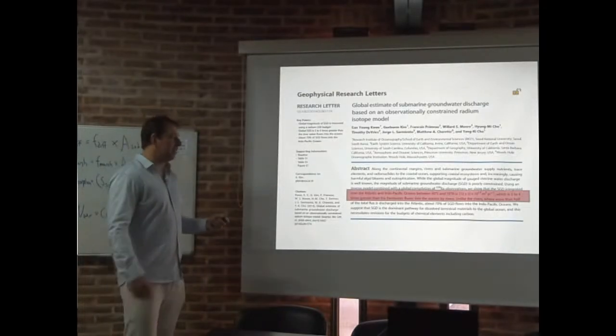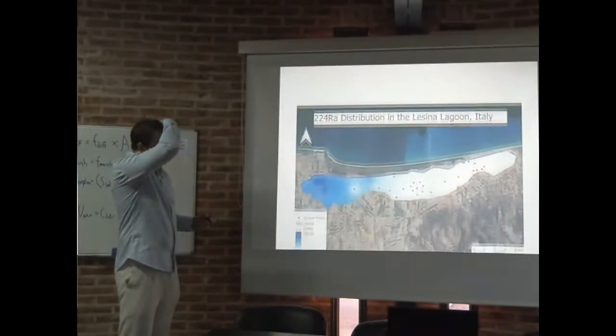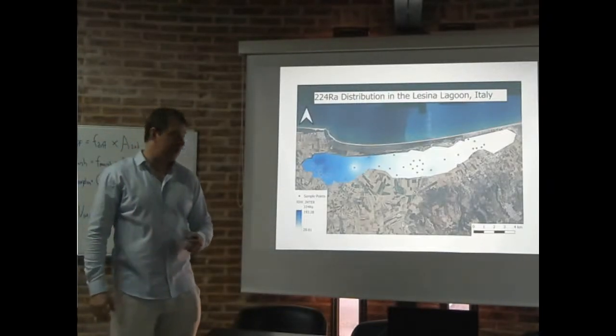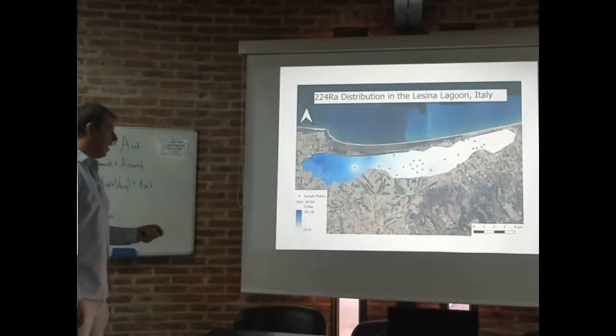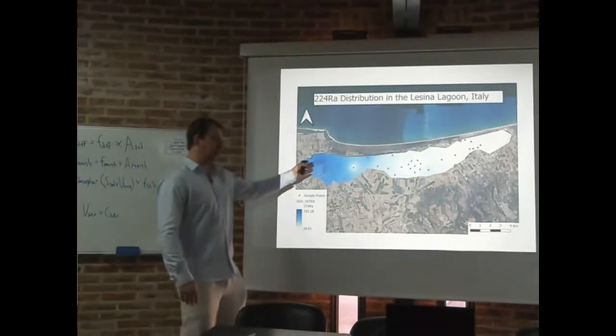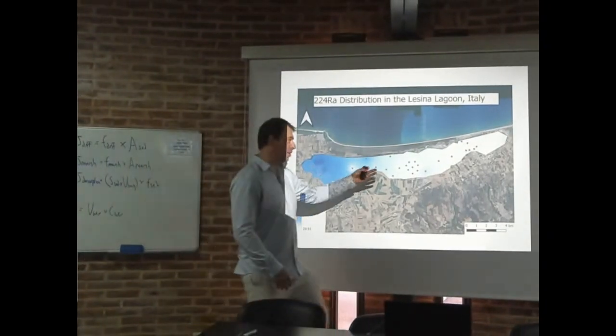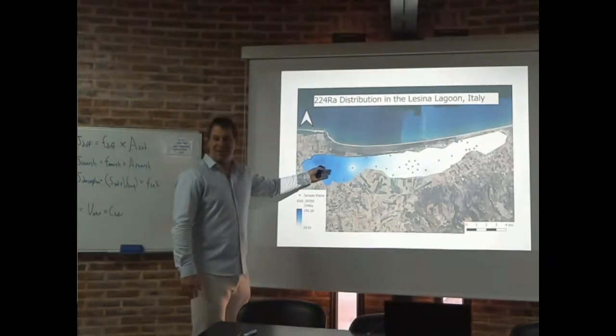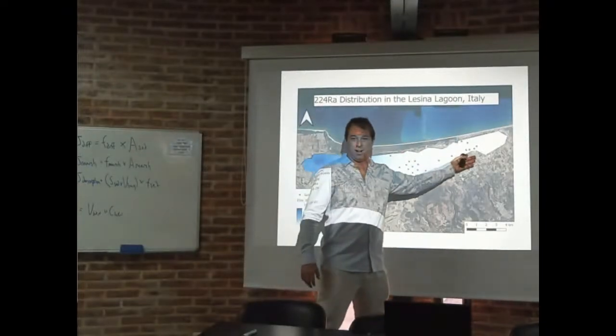And this next study that I did in the Lesina Lagoon, Italy, scared me the most. Because here I have radium distribution in the Lesina Lagoon. And I think anybody, a 2-year-old, could read this and say, there's a lot of blue here, and there's not much blue here, right? So we have a lot of groundwater here, and we don't have much groundwater here.